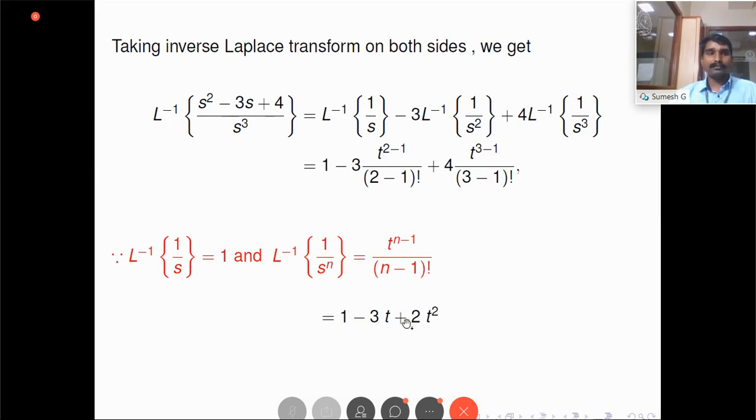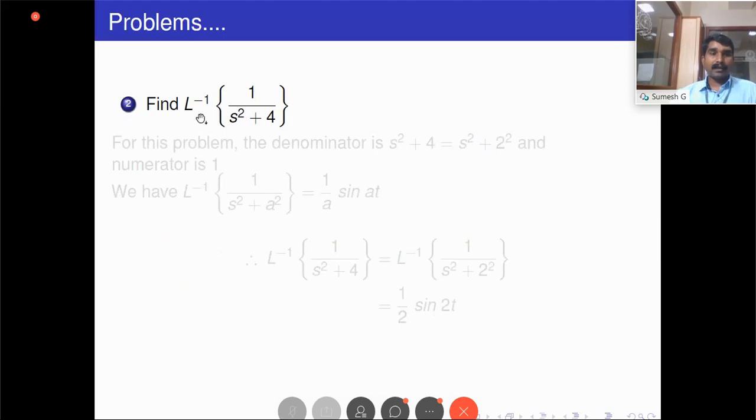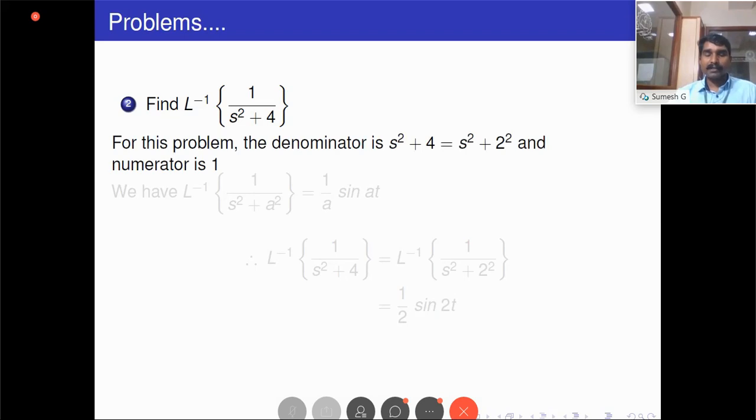Next problem, find L inverse of 1 by s square plus 4. Here the denominator is s square plus 4 and it can be written as s square plus 2 square. So the denominator is of the form s square plus a square. So there are two options. Here we have to consider the numerator also.